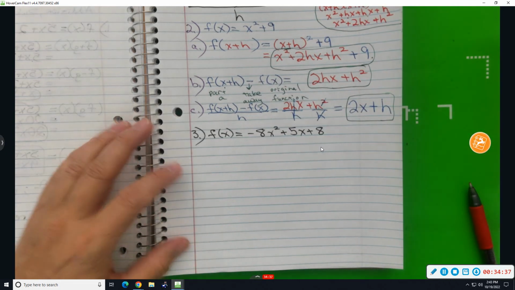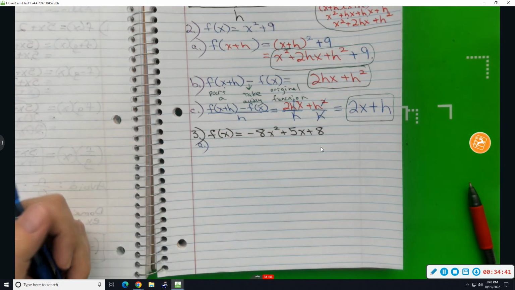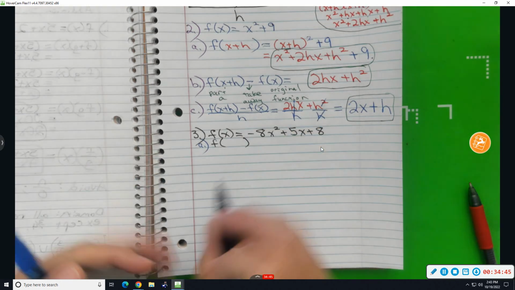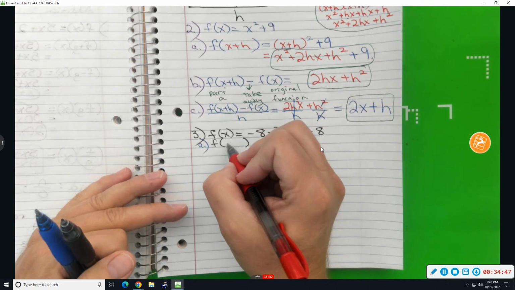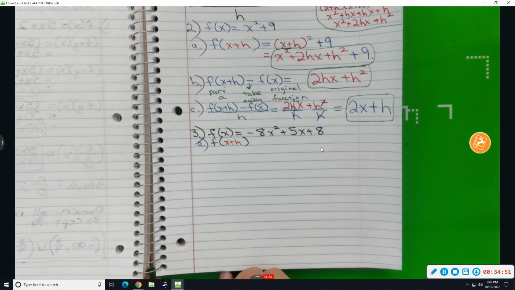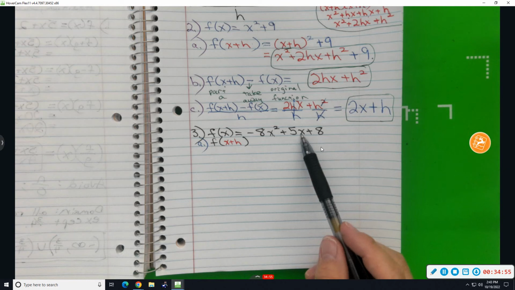So part A, f of x plus h. Well, there's more than one variable to replace here.